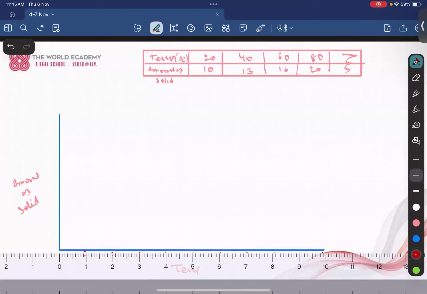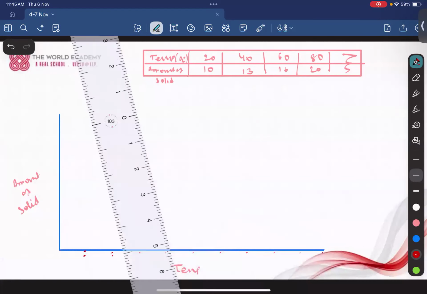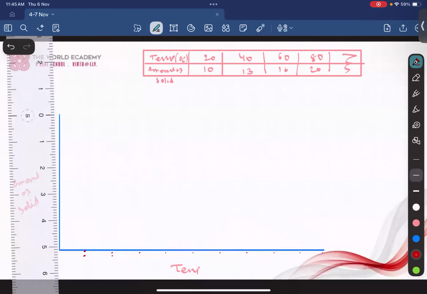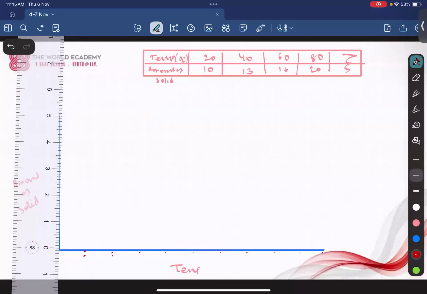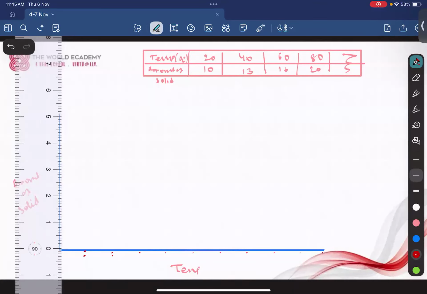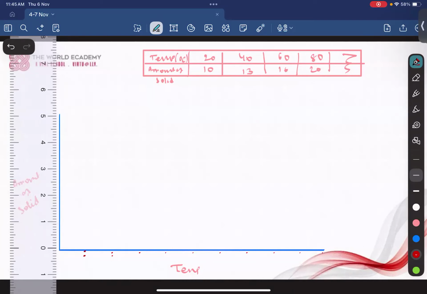Now the ruler should be marked here also. This is 0. The 0 should be the origin and we will mark. Every unit we will mark. This is the unit.